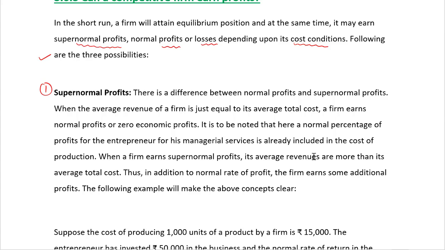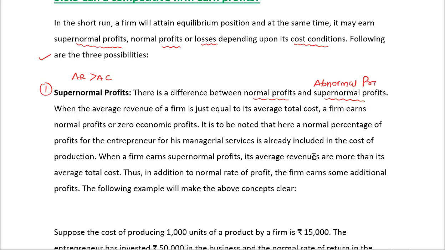Supernormal profit is a situation where average revenue is greater than average cost. There is a difference between normal profits and supernormal profits, or you can say abnormal profits.